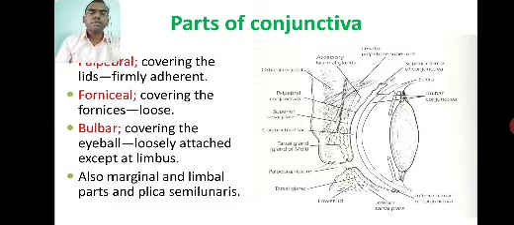There are also marginal and limbal parts of the conjunctiva, along with the plica semilunaris.